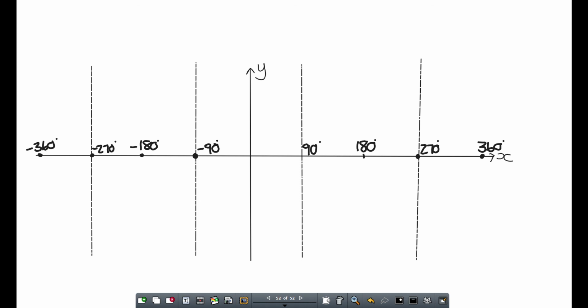Nou, as jy jou punte gaan plot, if you guys just used 90 degrees, dan sou jy net 0 en 0 en 0 gehad het. Then it's difficult to see, is my graph going to go like that or would it go like this? Because the only thing you know is that it passes through here, there, and here.